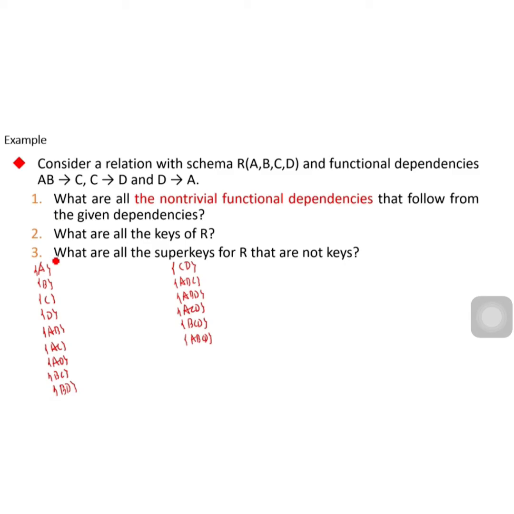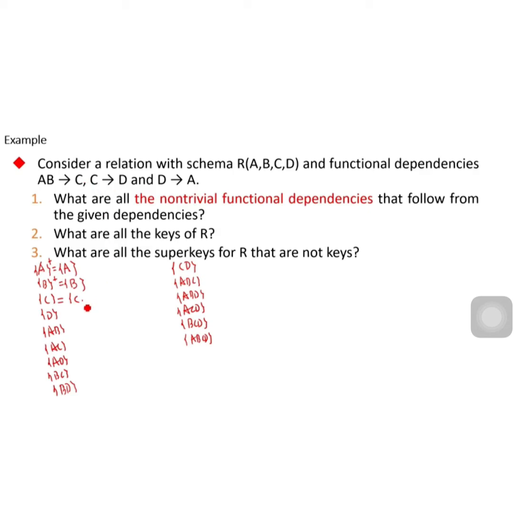The closure of A: the base is A. AB is not a subset, C is not a subset, D is not a subset, so the closure of A is A. Now the closure of B. The base is B. We cannot use any of them, so the closure of B is B. Now C. C functionally determines D, so D is added.